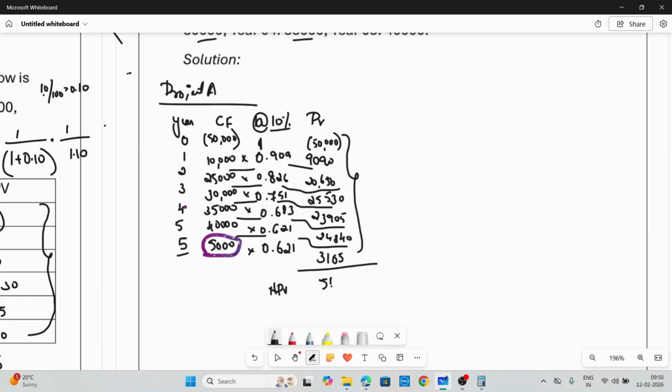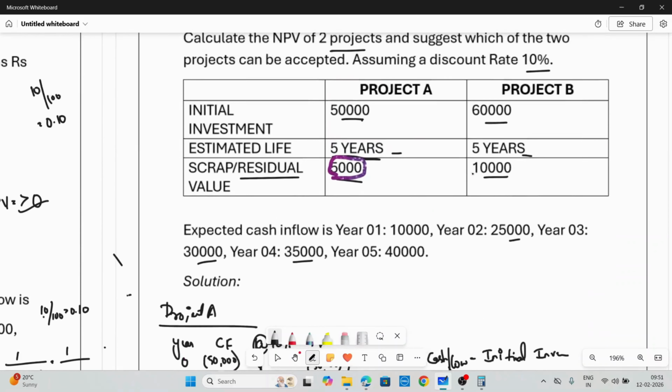NPV is equal to 54,120. That means cash flow, summation of cash flow minus initial investment, right? Do you remember this formula? What's the cash flow? 54,120. What was the initial investment of this problem?